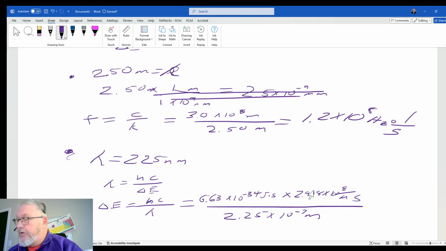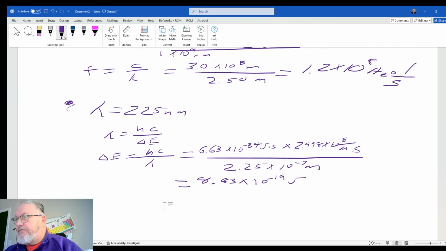And I come up with, this makes sense, an energy of 8.83 times 10 to the minus 19th joules. Not a lot of energy, but enough.